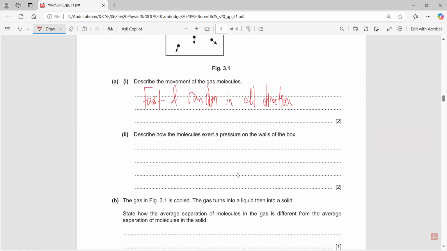Describe how the molecules exert a pressure on the walls of the box. How do they exert pressure? Well, as they're moving fast and random, they hit the walls. They collide with the walls.